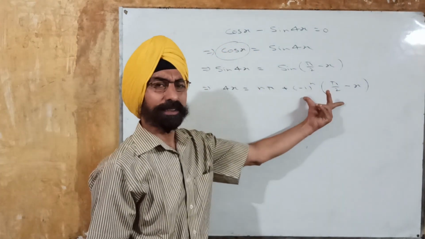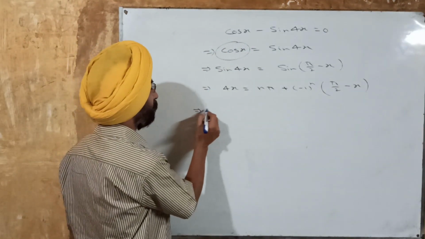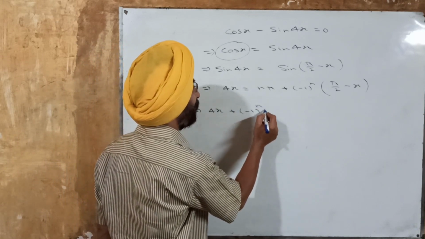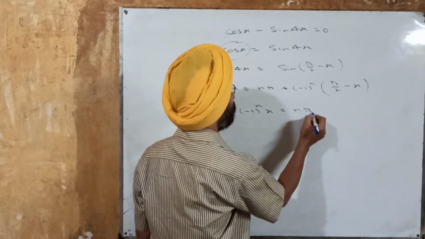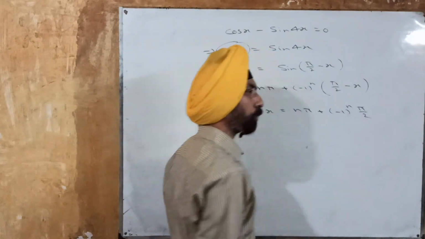Open this bracket and take the second term to the left hand side. You will get 4x plus minus 1 raised to the power n x is equal to n pi plus minus 1 raised to the power n into pi by 2.